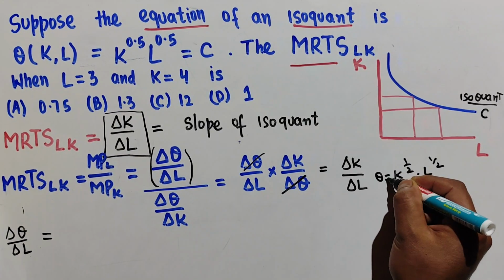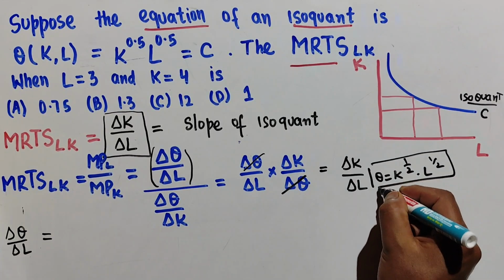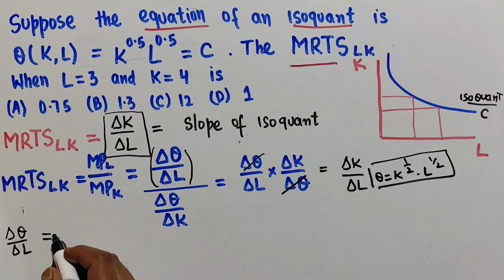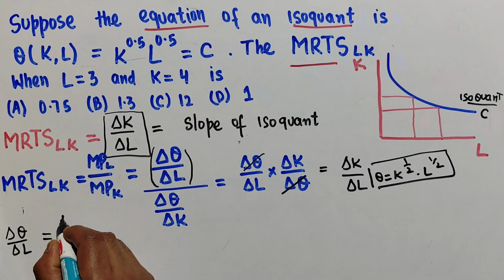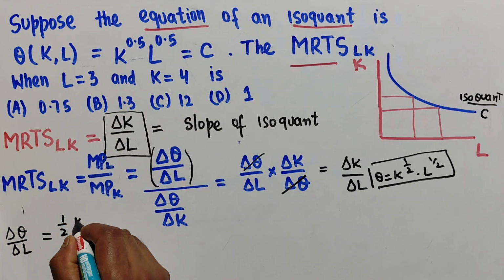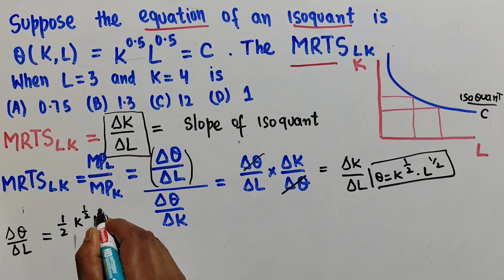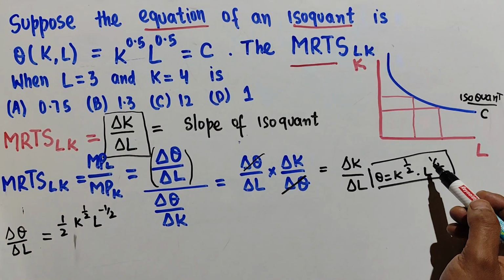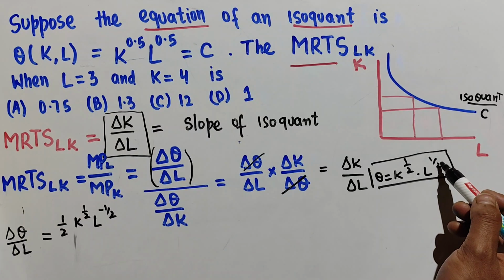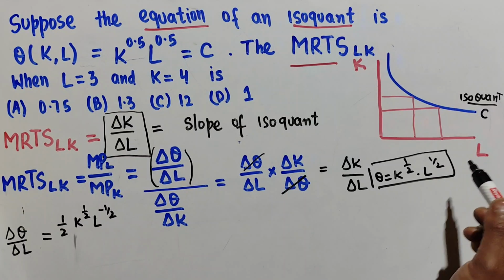This is our production function. Del Q upon del L means the derivative of this function with respect to L. So if I take the derivative, it becomes 1 upon 2 K raised to the power 1 upon 2 L raised to the power minus 1 upon 2. The exponent of L becomes the coefficient, and the exponent of L is reduced by 1 by the power function rule.